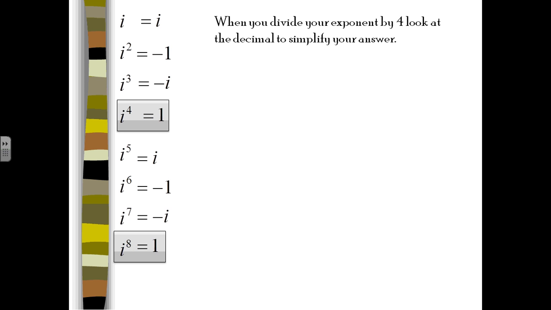So, if you think about it, if you take your exponent and you divide by 4, if it's a multiple of 4, you're not going to have a decimal left over. You're just going to have something like 6 or 8 or 12. But if it's not a multiple of 4, you're going to have some decimal like 0.25 or 0.5 or 0.75.